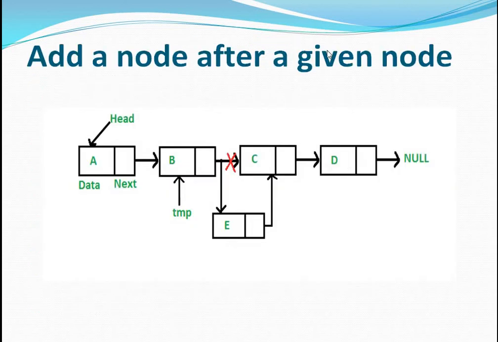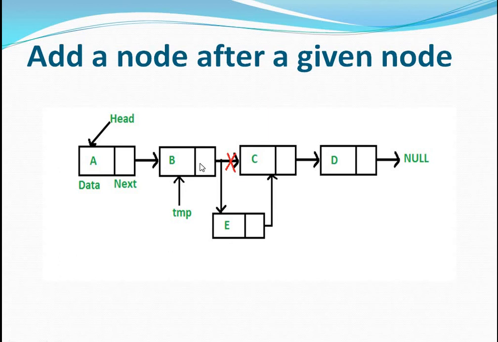Now see, if I have to insert a node after a given node, just like in the previous example where you inserted at the beginning, here I have to insert after B. So now E is inserted after B. What I have to do is create this new node, and its pointer field will have the address of C, and I can get this address of C from B's next field.